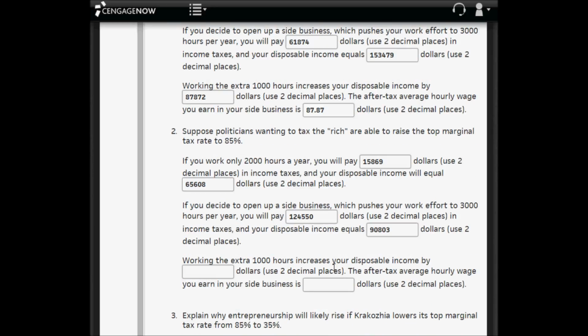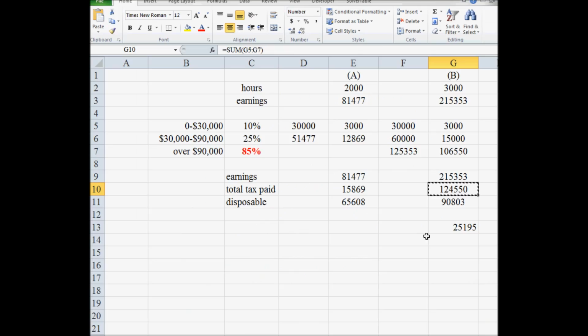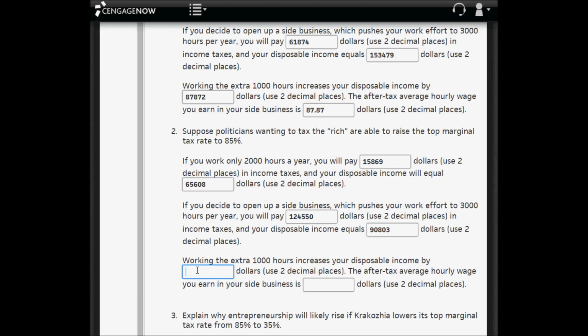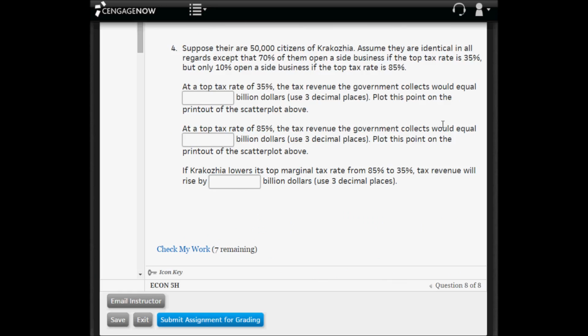And working that extra 1,000 hours really doesn't pay off as much as it did before, right? Because your disposable income only rose by $25,195, which is only $25.20 per hour.